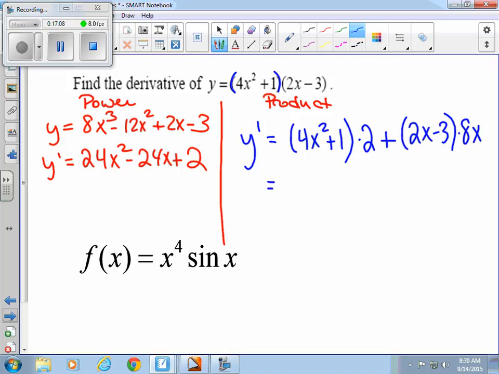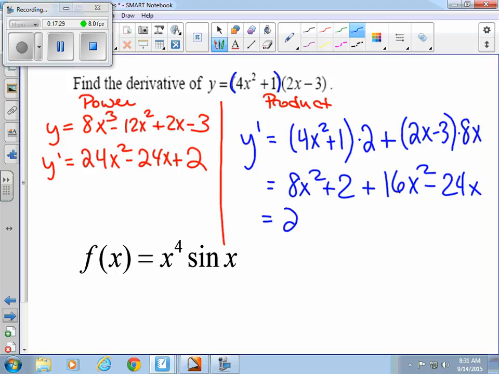Just for fun, let's see if those are the same thing. Are they the same thing? 16x squared plus 8x squared is 24x squared. So it seems like our product rule is working.